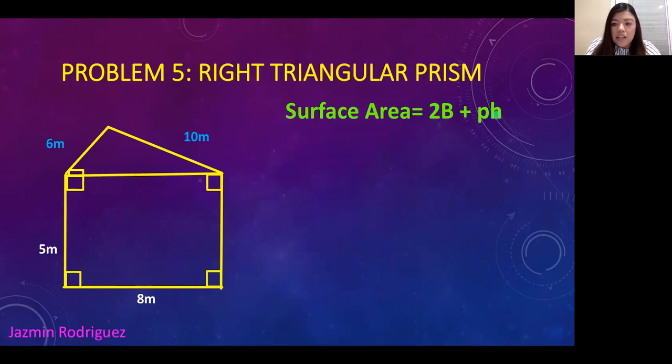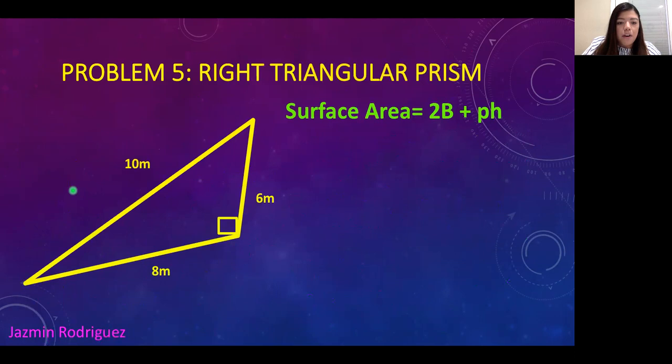Now what we can see is we have the height here, but we don't have the base or the perimeter. Once again, we're going to repeat the same step and find out what B is and what P is. This one's a little complicated to look at, so let's go ahead and take it apart. This is what the top area of our right triangular prism looks like, correct?